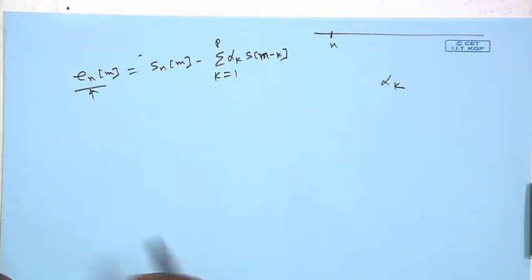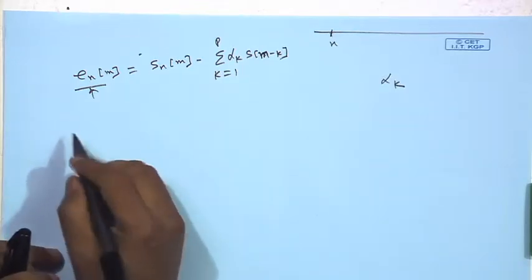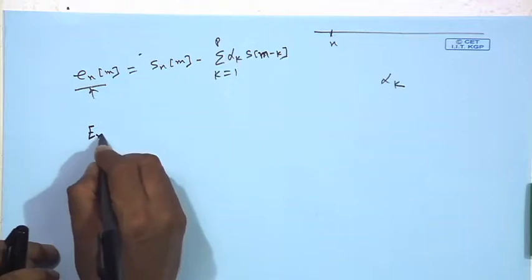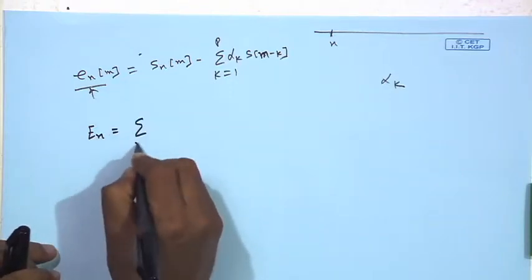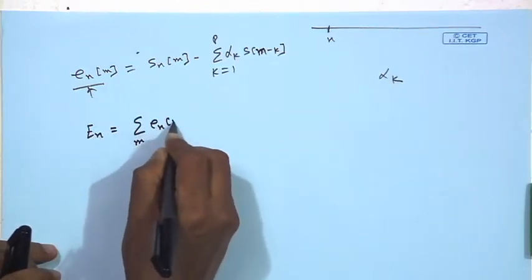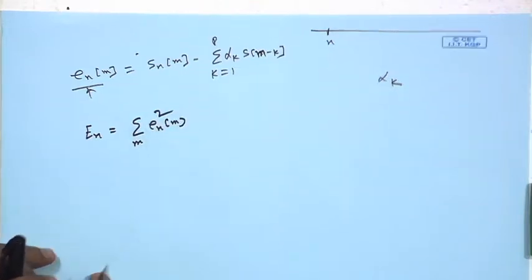So, what is the procedure to minimize the error? One of the procedures is mean square error minimization. So, what is mean square error? E n is nothing but the sum over m of E n m square.